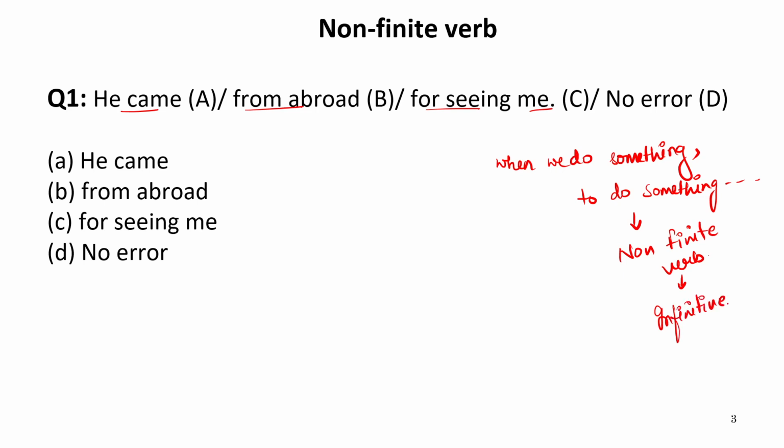Infinitive means to plus verb first form, or you can say first form of verb after the preposition to.